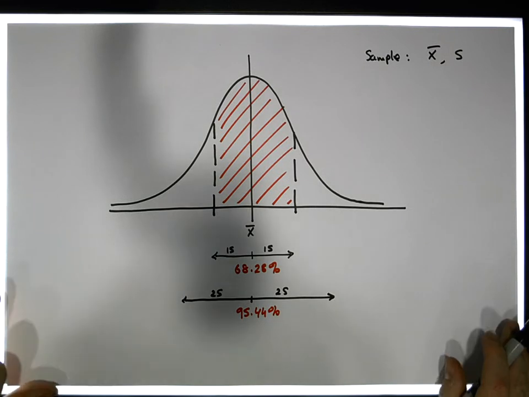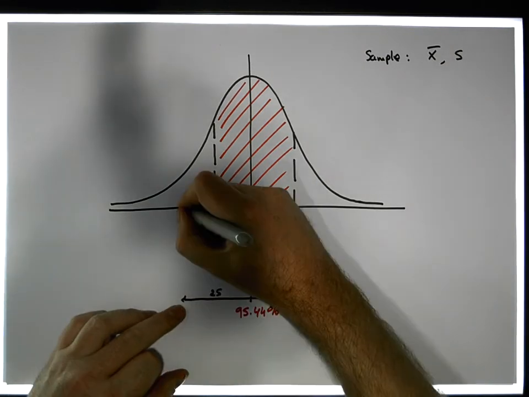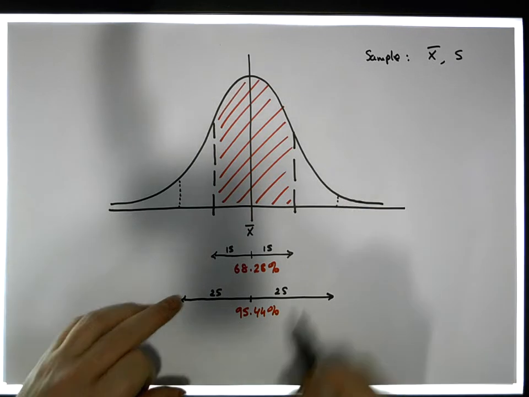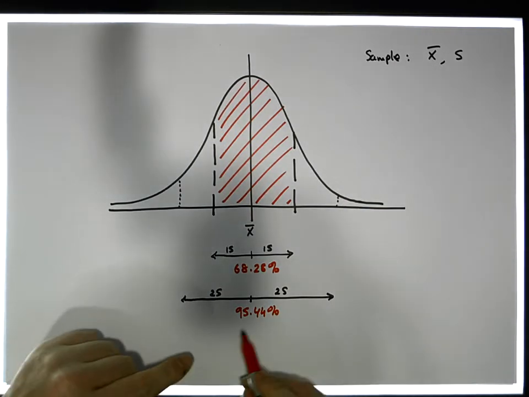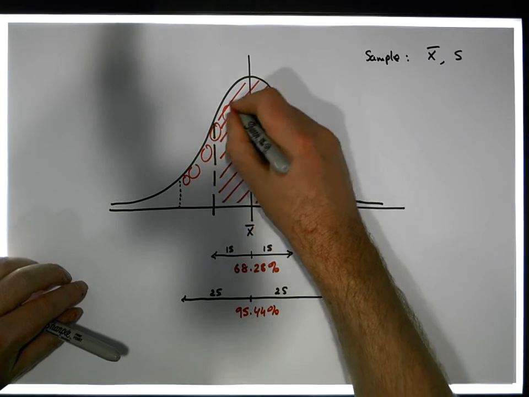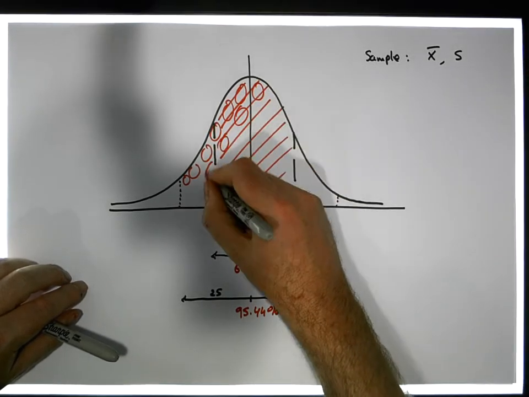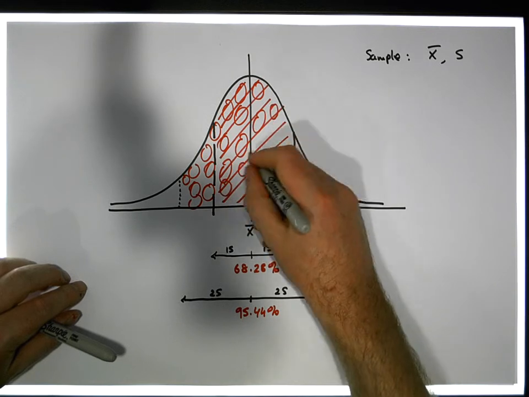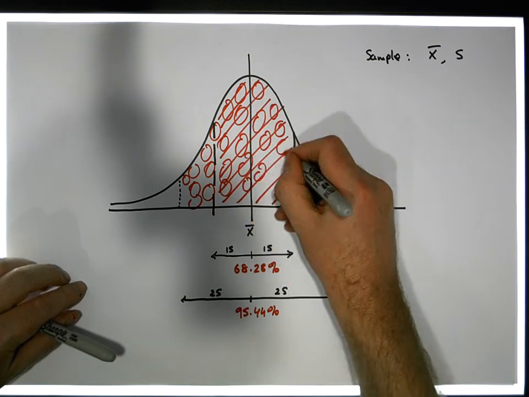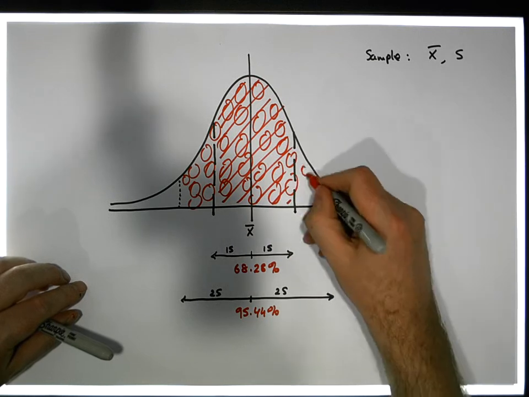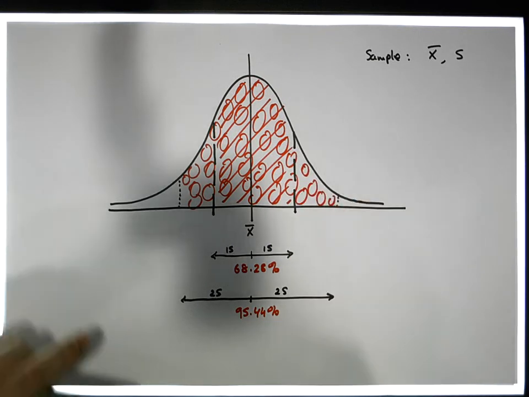In other words, within 2 standard deviations of the mean we should have 95.4% of all of the area under the curve, if that makes sense. So the area under the curve here should be 95.44% of our observations within those particular bounds.